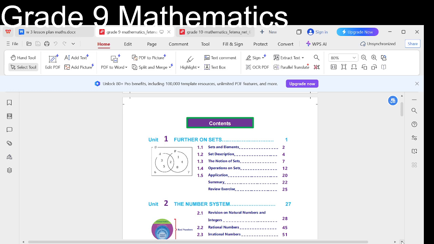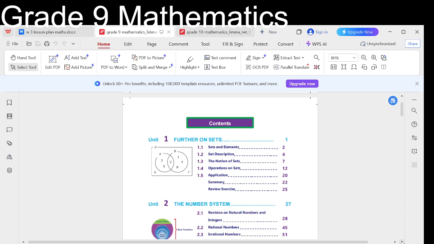The first chapter, or unit, that we're going to look at is Further on Sets, and from the name it implies that you have already learned about sets in the past, and in this grade you start by looking at the definition of sets and elements.